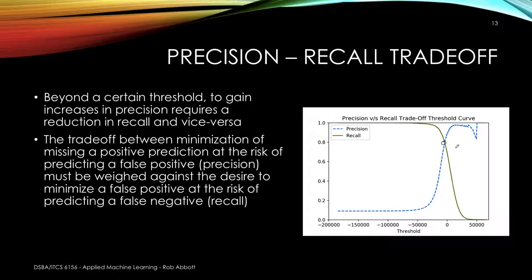So we need to understand when we're building models that a perfect model is something that we're not really going to see ever, because our data is seldom perfect. We seldom have linearly separable classes of data.